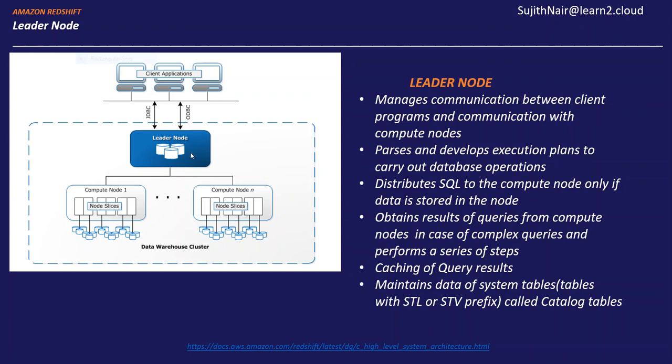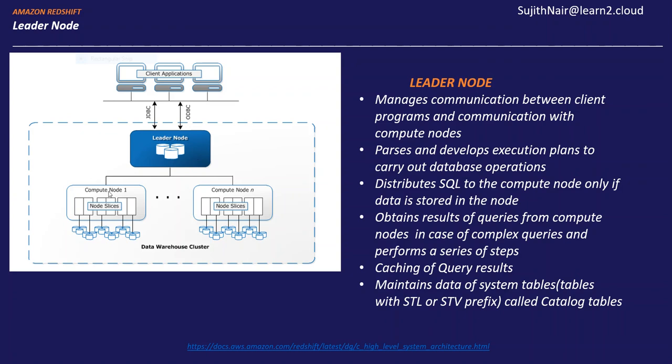So what the leader node has to do is collect the information that node 1 will send, collect the information that node 2 will send, and after collecting information from node 1 and node 2, aggregate that information together in order to find the final answer, right?